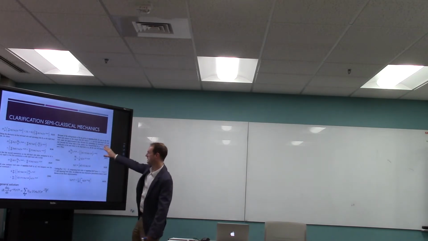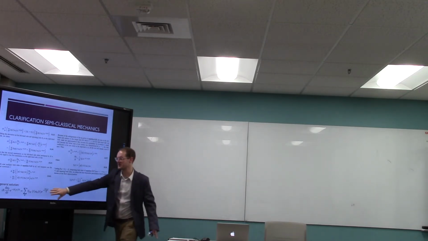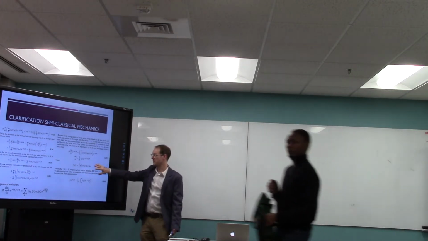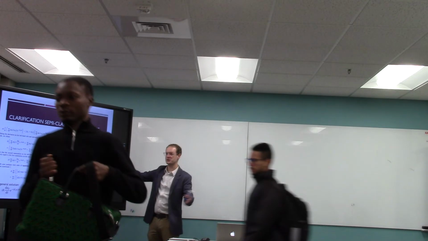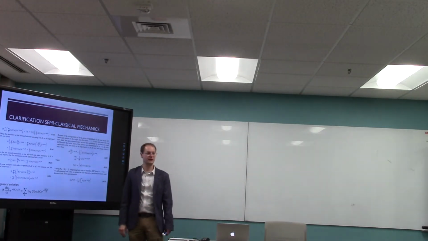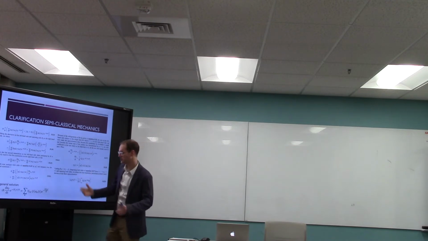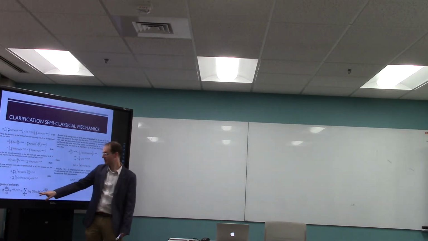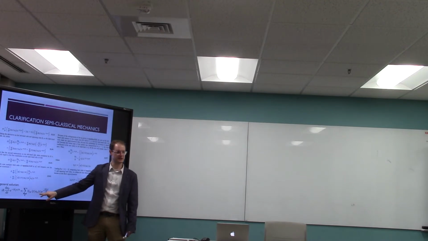Okay, but then the next step, I was getting ahead of myself, because in the next step we apply the assumption of first order time-dependent perturbation theory, which says that we assume that we start in some initial state i. That means that initially there's only one coefficient that's non-zero, right?